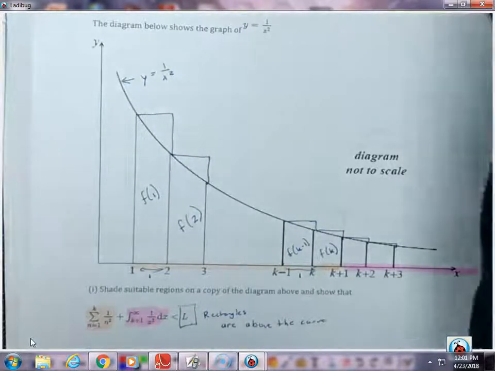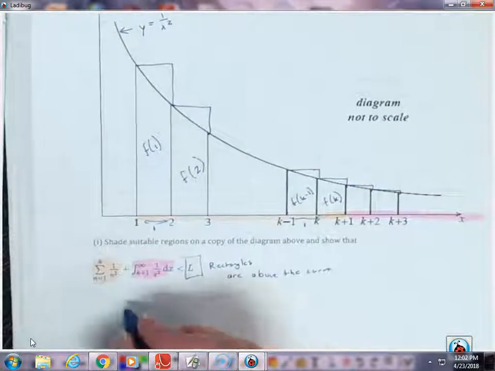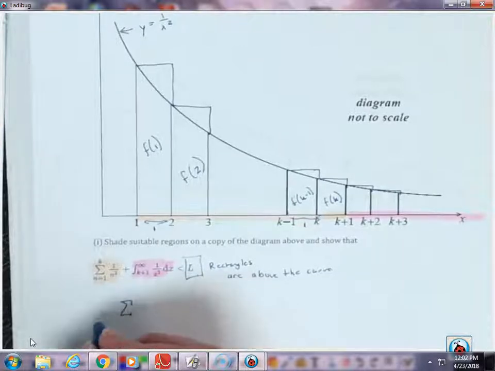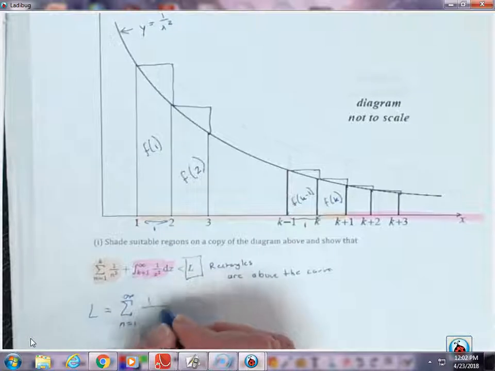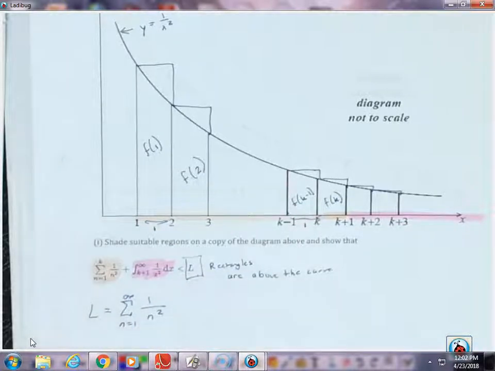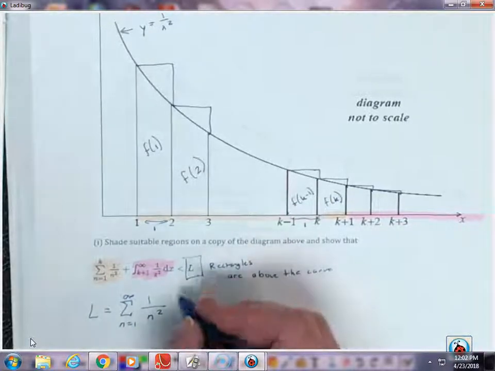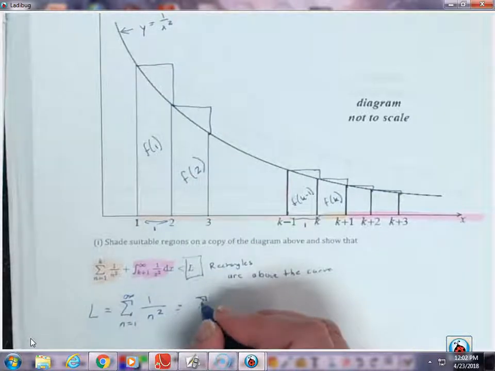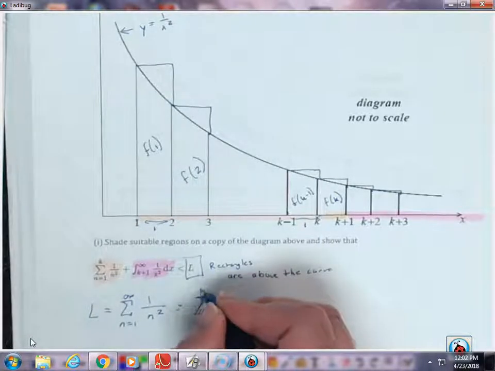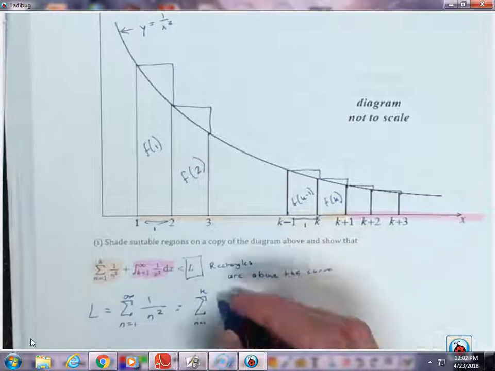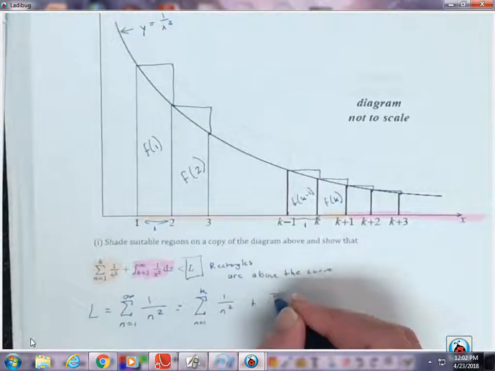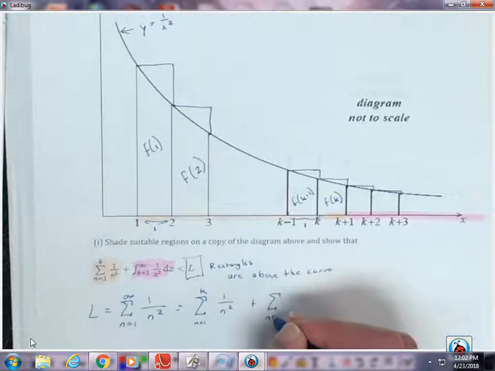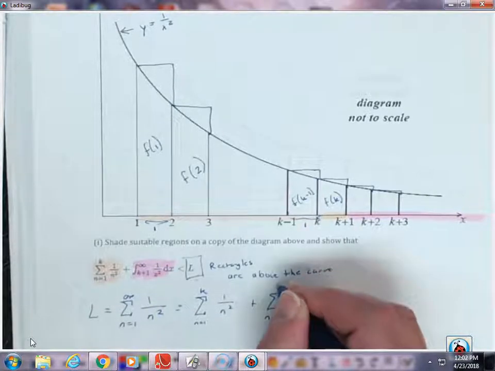So the way I would start this is I would say L is the summation from 1 to infinity of 1 over n squared. And so I know that I could divide that up into the summation from 1 to k, and then I could go from k plus 1 to infinity.